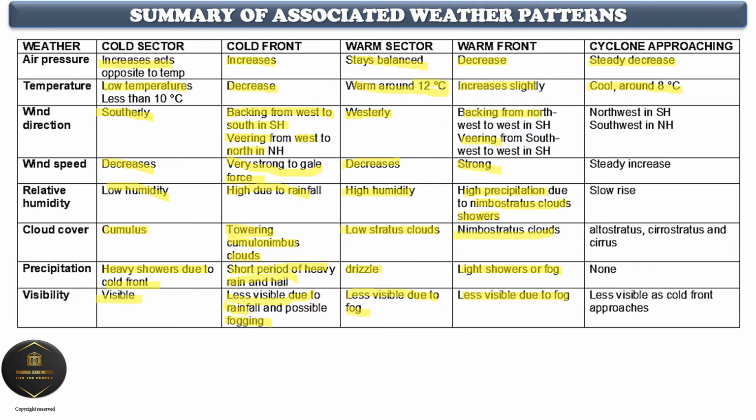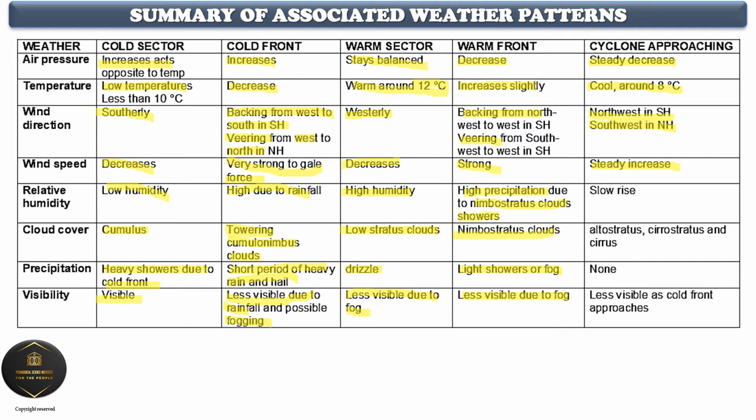Now, looking at what happens when the general system, the cyclone, comes, we said pressure will decrease steadily. Temperatures will be cool or just around 8 degrees Celsius. The wind direction will be northwest in the southern hemisphere and southwest in the northern hemisphere. The wind speed will steadily increase when the system comes.